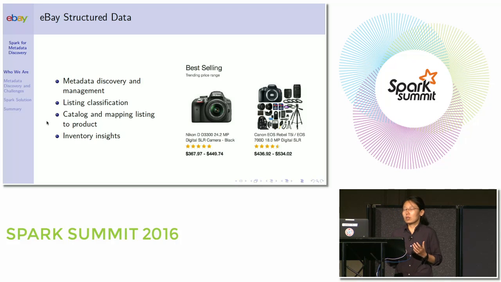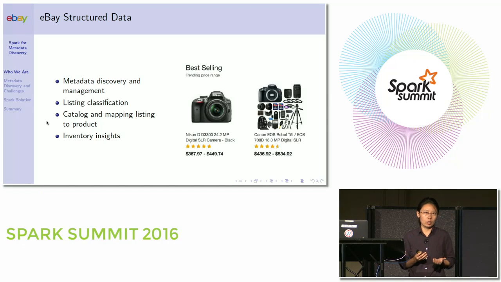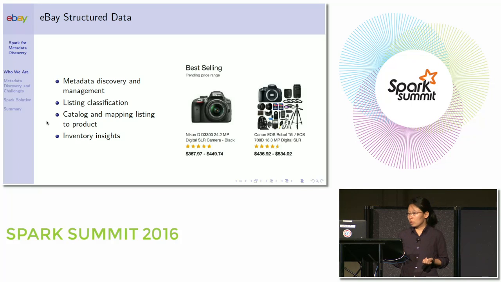Since we have certain items mapped to the same product, we can generate a lot of price-related insights. For example, what are the best-selling products on eBay right now, what's the price range, and we also predict trending price for certain products, and we also identify deals for the product.